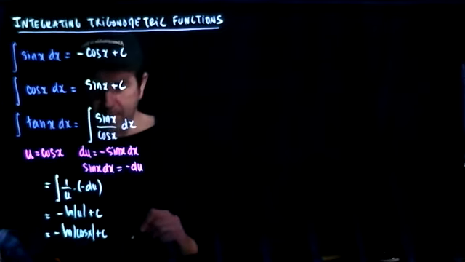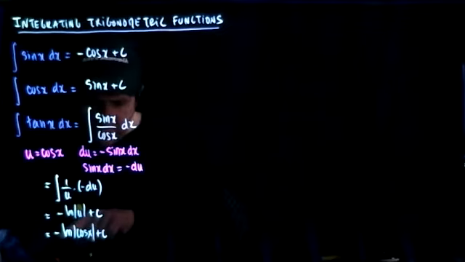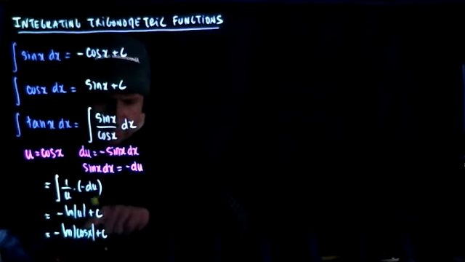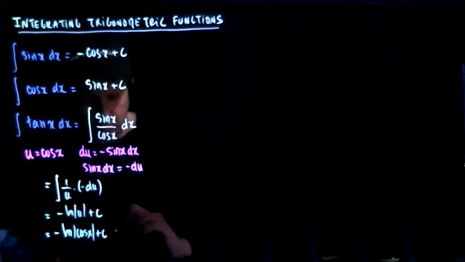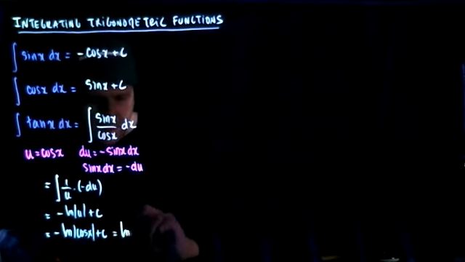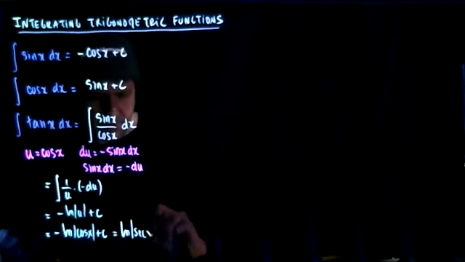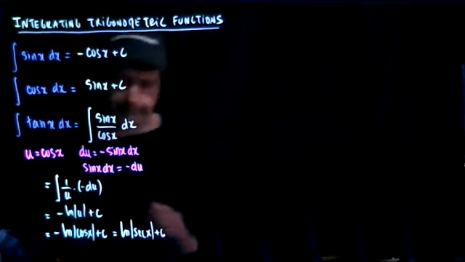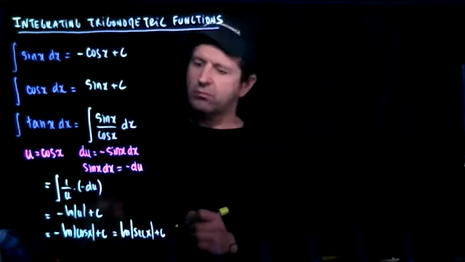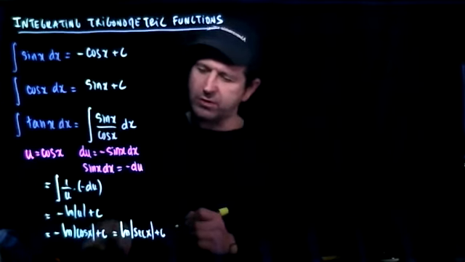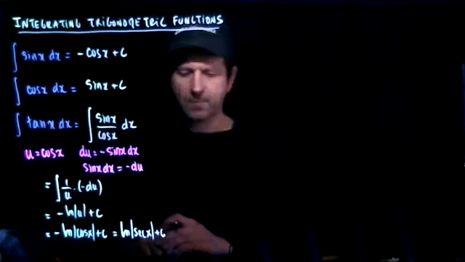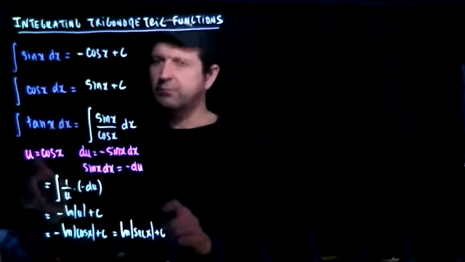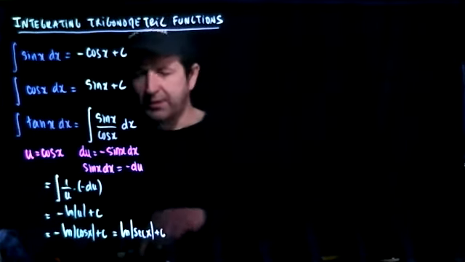Or if you put the negative 1 to the power of cos, it becomes 1 over cos, which is secant. So you could write it also as ln of secant x. So either of these two are correct.